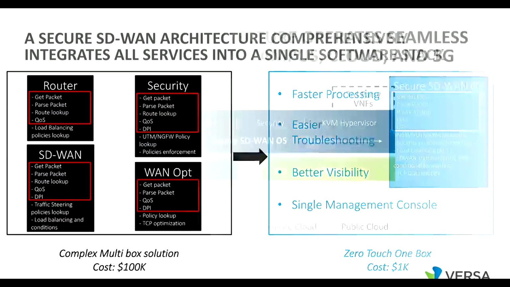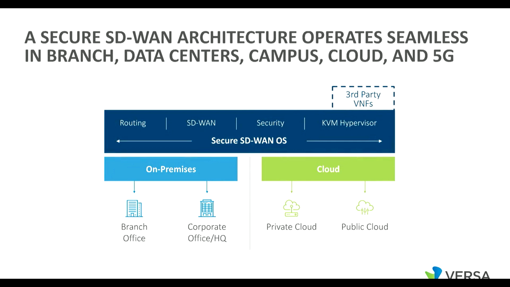Absolutely, Mike. Let's go to the next slide. This secure SD-WAN architecture, in our opinion, should be one software solution which can be deployed in the branch office, in the corporate headquarters, in the data center, as well as in the public cloud, since a lot of applications are moving there. It should be deployable in any public cloud you can think of today.